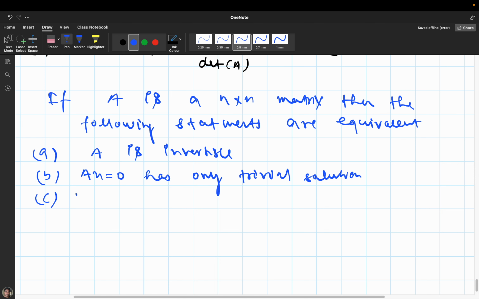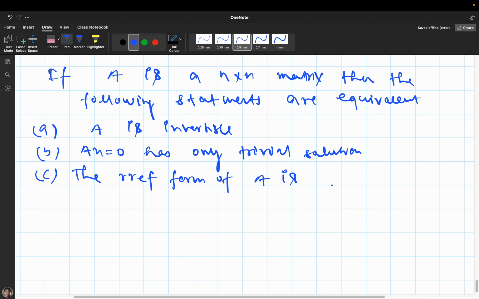And also, if A is invertible, then what is the RREF form of A? Identity. Yes, the identity matrix.